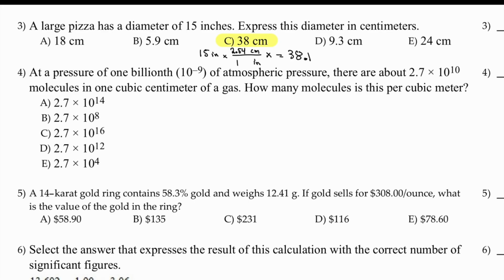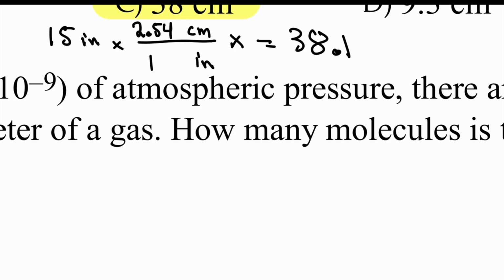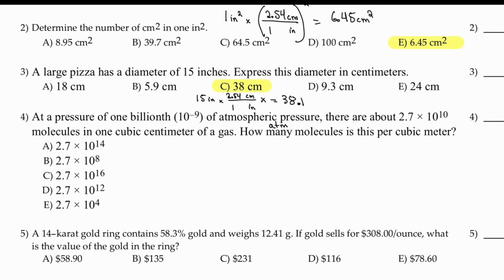Let's try the next one. At a pressure of 1 billionth, 10 to the negative 9, of atmospheric pressure. This actually is, you might have seen it, I think ATM. But let's continue. There are 2.7 times 10 to the 10th molecules in 1 cubic centimeter of a gas. How many molecules is this per cubic meter?